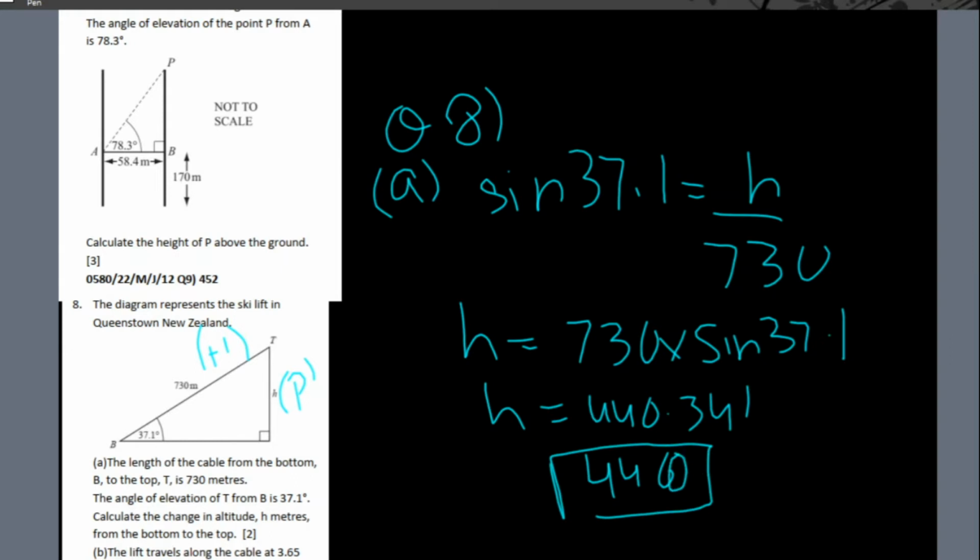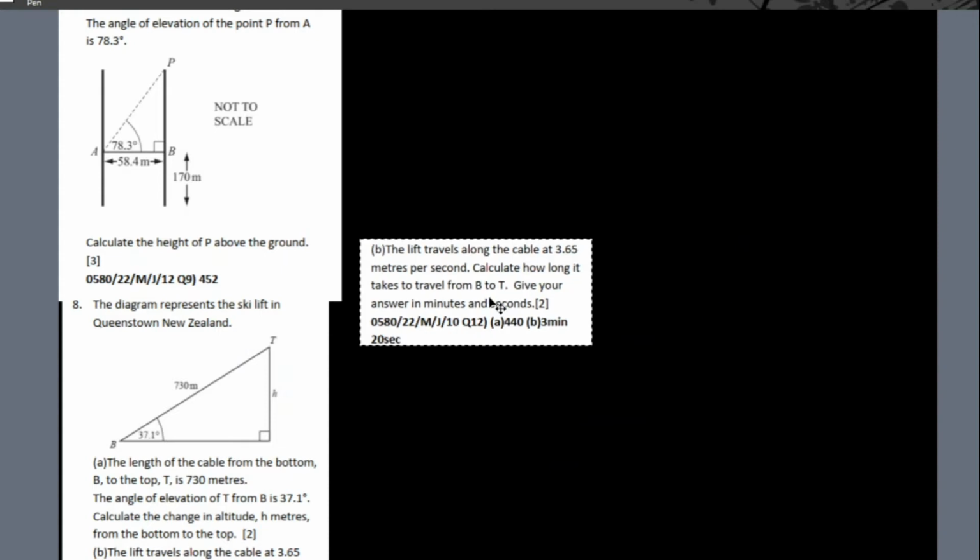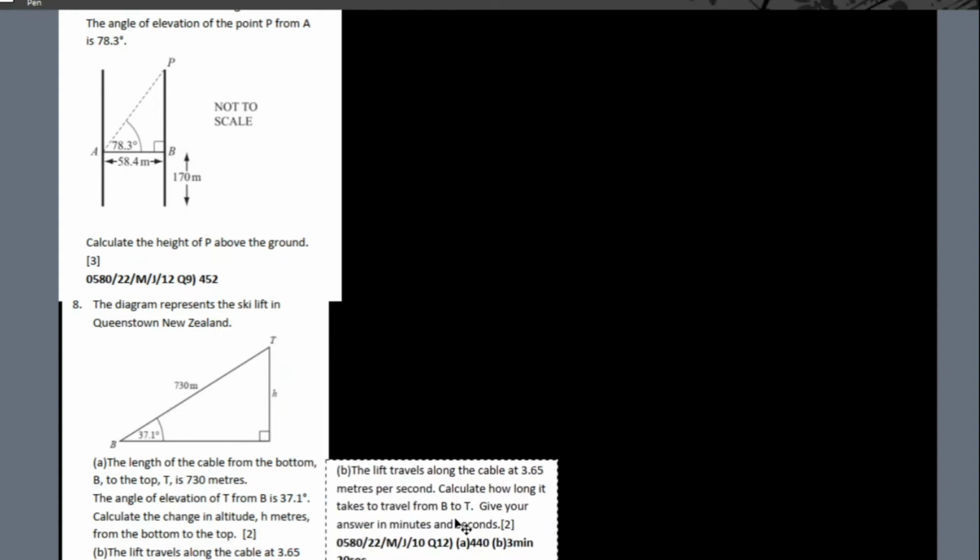Alright, we can't see part B, so I've copied it here. So for part B, now we're doing 8B. The lift travels along the cable at 3.65 meters per second.